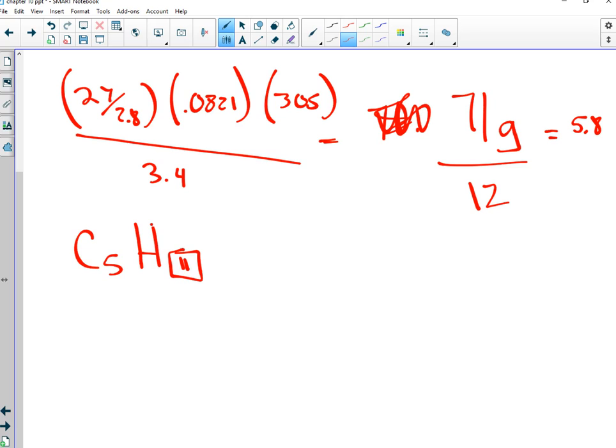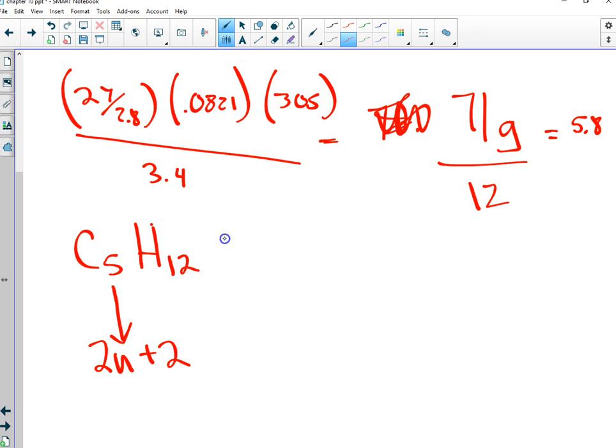But that won't get you the right model. If it's a simple hydrocarbon, the number of H's is equal to 2N plus 2, and N is this number. 2 times the number of carbons plus 2. So this ends up to be C5H12.